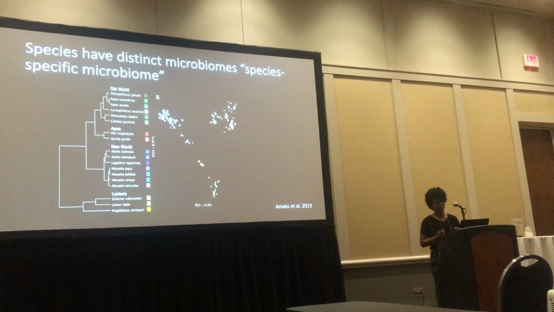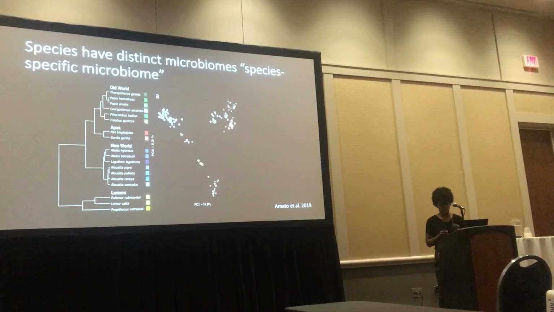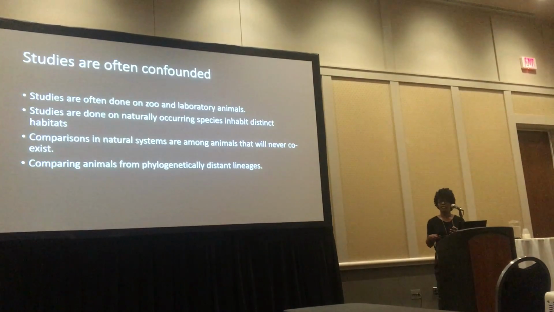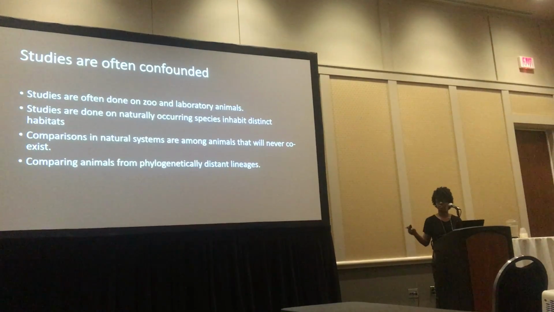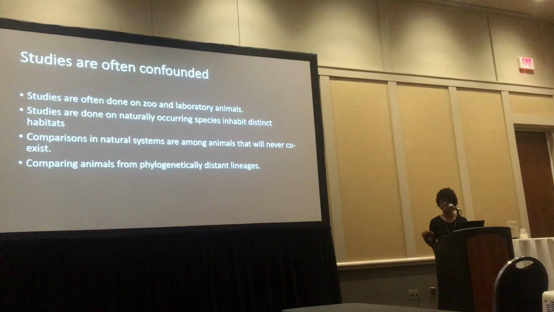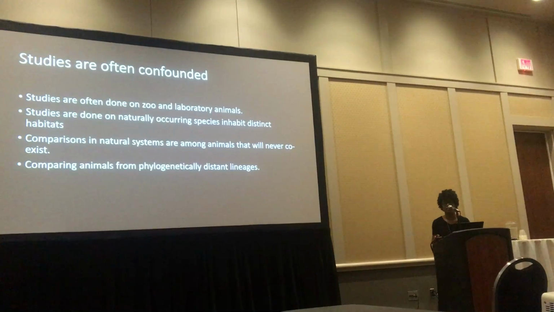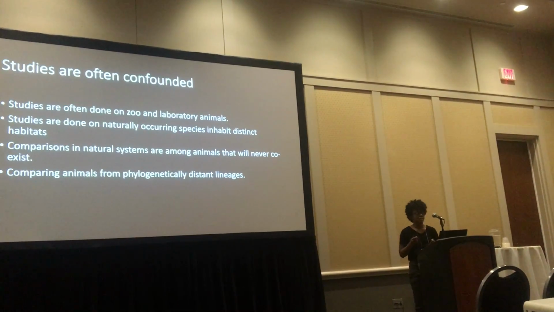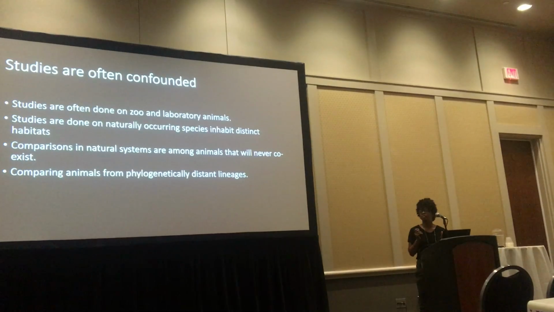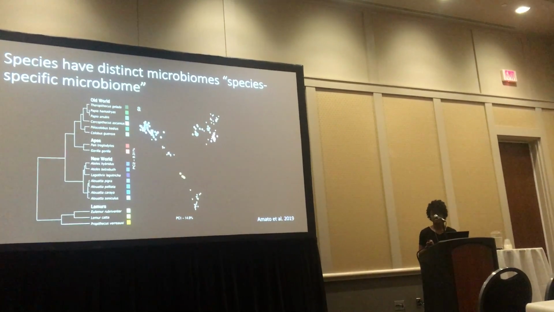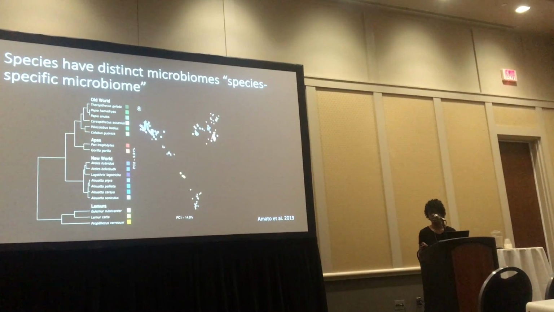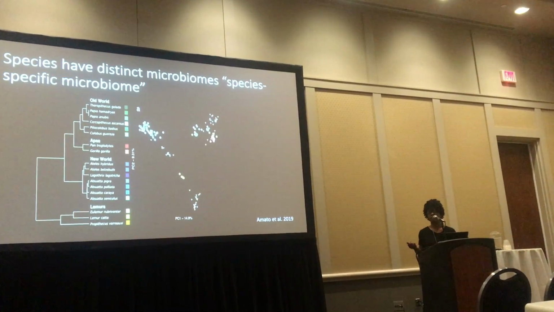But this is a beautiful study, and a big issue is that studies that look for these phylosymbiotic patterns tend to be confounded on multiple levels. For example, in the Amato study that I just showed you, New World and Old World monkeys are never going to be found in the same space, so their microbiomes are shaped by different environments.